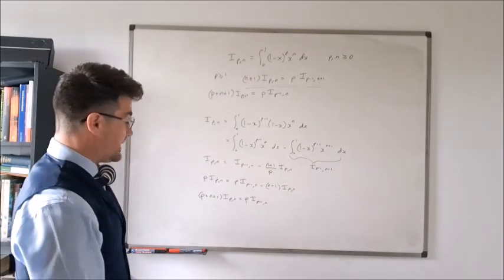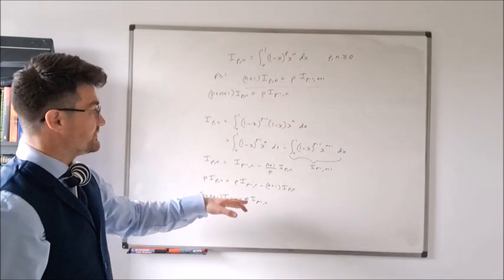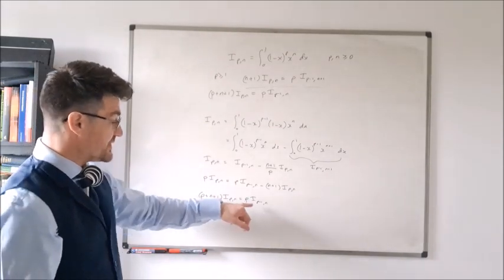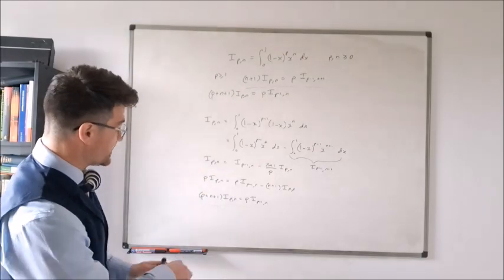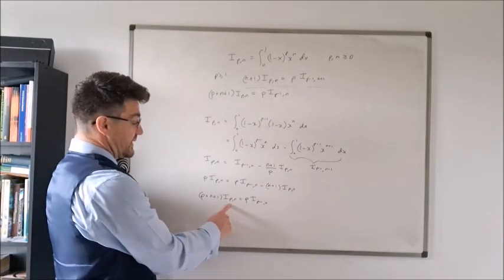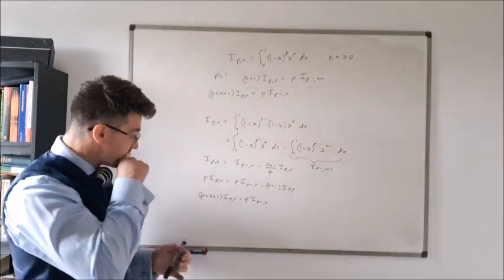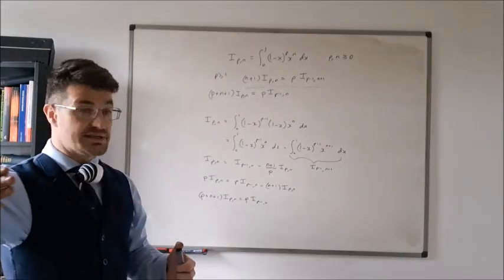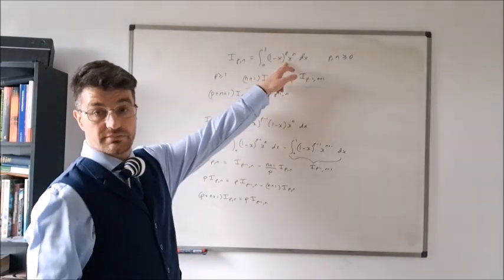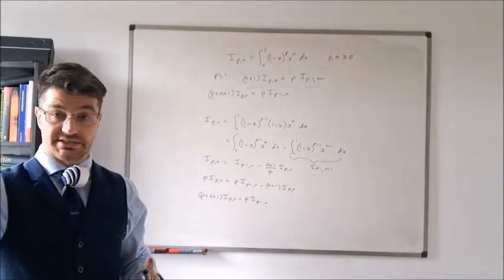from time to time. Now, this is a really useful reduction formula because what this means is that I can gradually decrease the power p until effectively I get to 0.